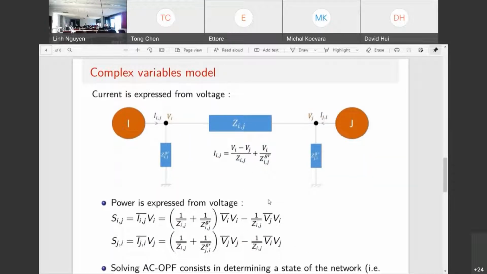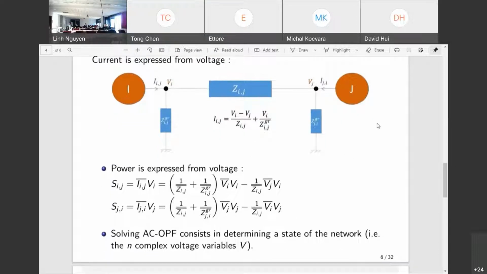And this leads to this kind of formula to get the flow on the lines from the voltage. So you can express everything with the voltages. So this is the line from I to J. This is the ground.